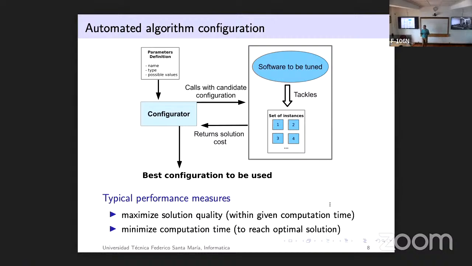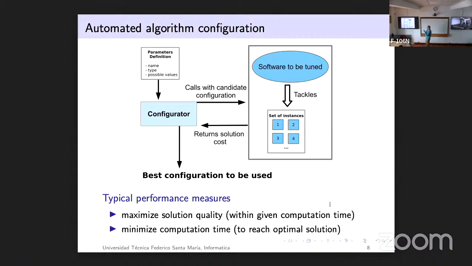The software to be tuned is executed and returns a solution cost, and the configurator, based on this solution cost, calls again with a candidate configuration. Yeah, it can be one candidate, it can be various, but it's okay. And when the process is over, it returns the configuration to be used. Yeah, and that's it.